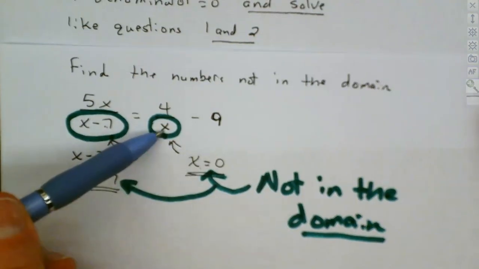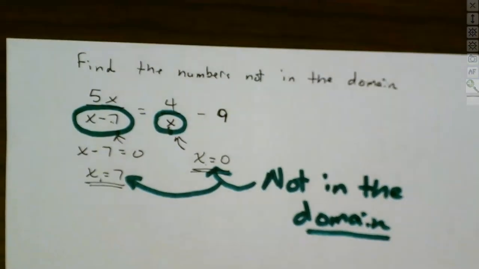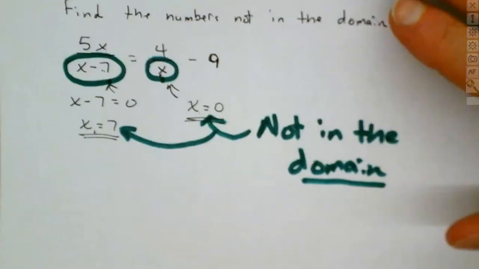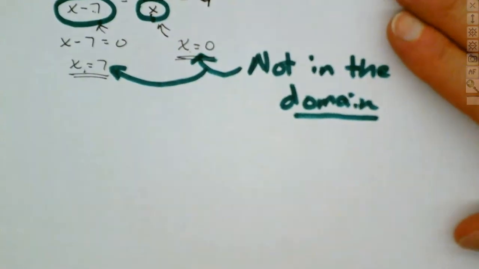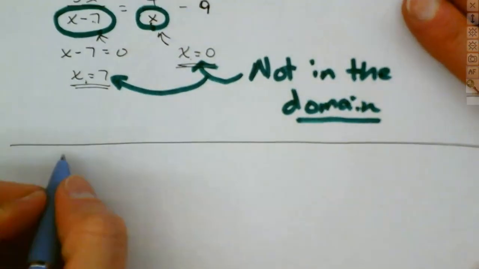Because if I plug in a 0 here, I get 4 divided by 0. Can you take 4 and divide it by 0? No. So all we did was we set our denominators to 0 and we solved. Let's do another one. Same directions. Find the numbers that are not in the domain.